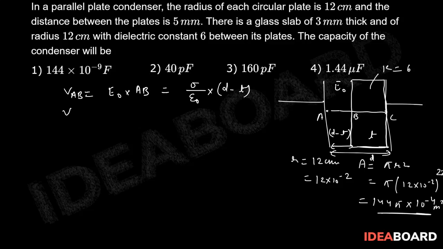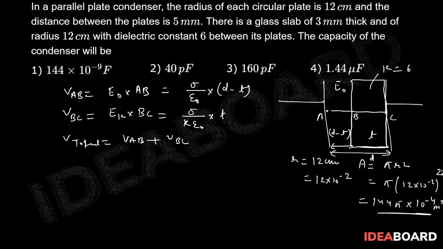And now coming to VBC, it will be equal to EK into BC, and EK will be sigma upon K epsilon naught into BC, which is nothing else but T. So total potential drop V total will be VAB plus VBC, and if you see this will be sigma (D minus T) upon epsilon naught plus sigma T divided by K epsilon naught.